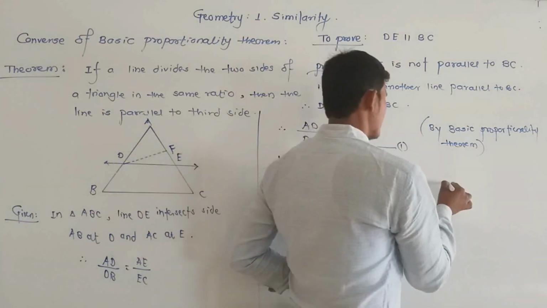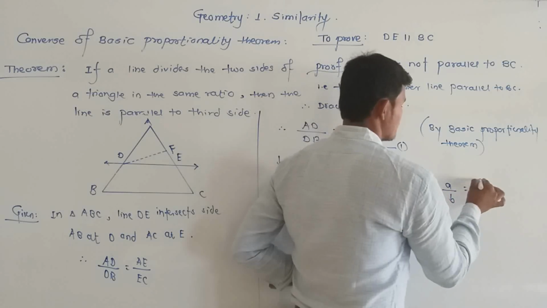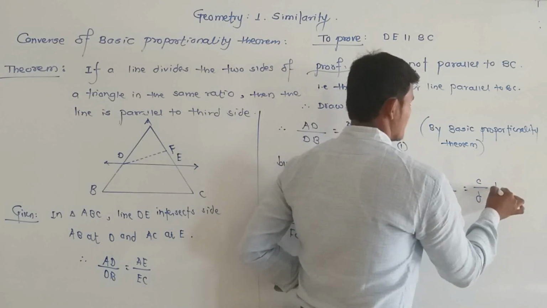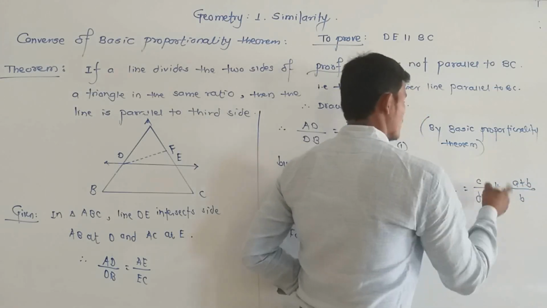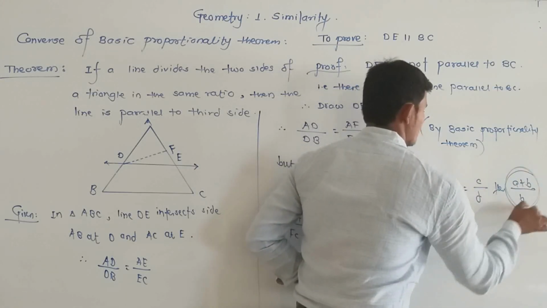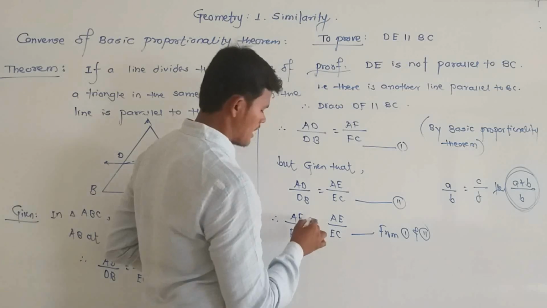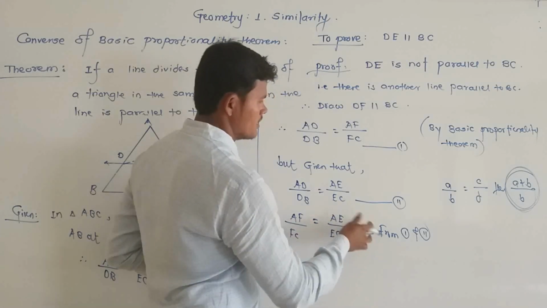Componendo means: if A upon B is equal to C upon D, then we get A plus B upon B is equal to C plus D upon D, after adding 1 on both sides.